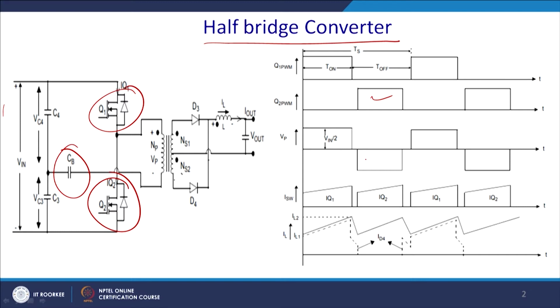The current through the switch is essentially from Q1, then the diode conducts for the period when it is off. We assume continuous conduction mode, and thus in this region the current drops. Please remember that in power electronics, the positive ramp is associated with the switch and the negative ramp is associated with the diodes.